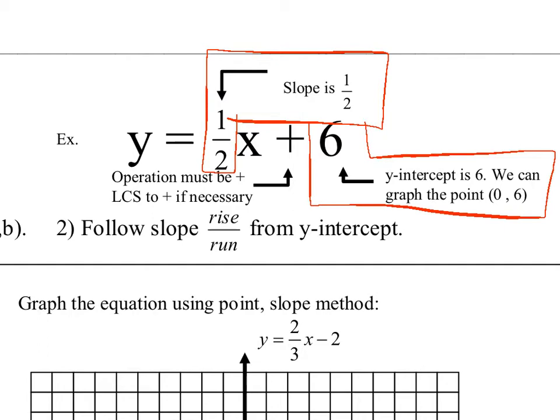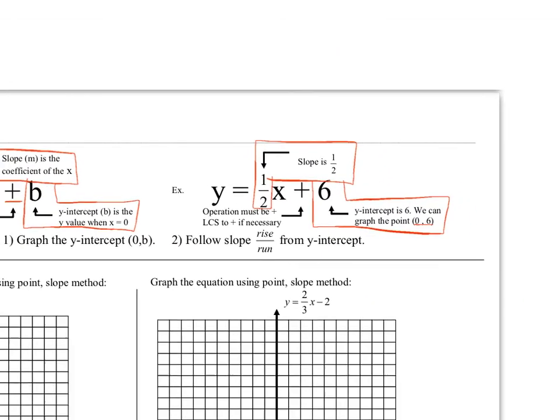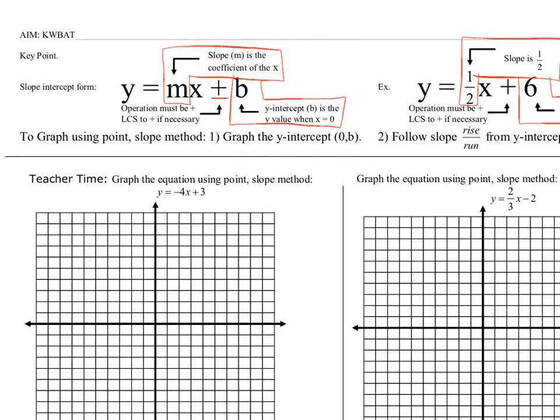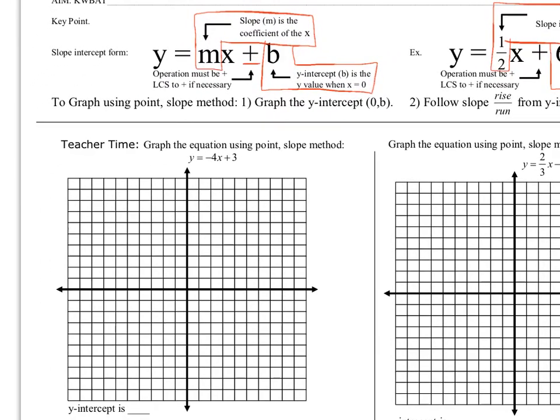So we have a point 0, 6. Okay? So all we have to do, to graph these equations that are in slope-intercept form, is to recognize the slope, recognize the point from the y-intercept, and use that to graph, just like we did all day yesterday.